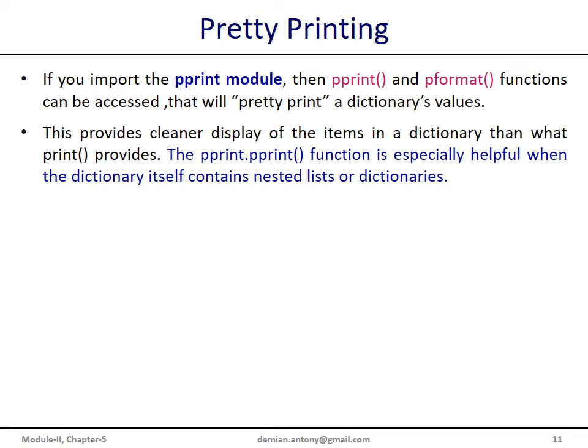The pprint function will help the programmer to decorate the output of dictionary values. Especially this function is helpful while printing nested dictionaries or nested lists in a proper format.